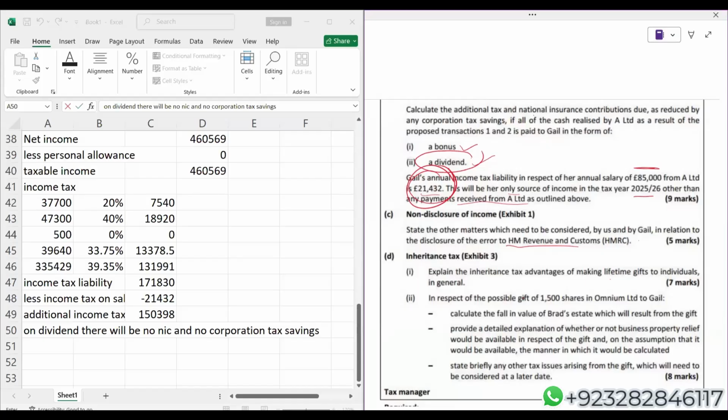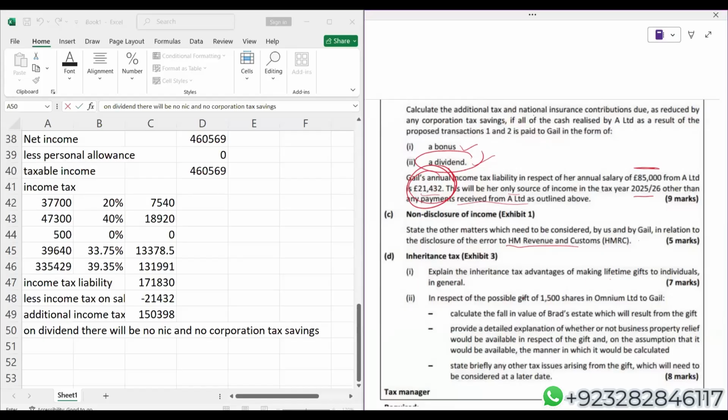The next point could be, if the donor dies even within 7 years of making the gift, then of course the PET becomes chargeable. But if the donor survives at least 3 years, then on death taper relief will be available, and taper relief will reduce the death tax, IHT on death.